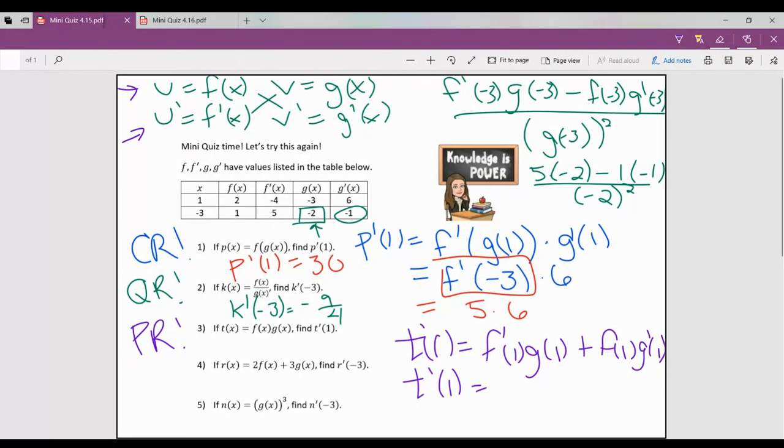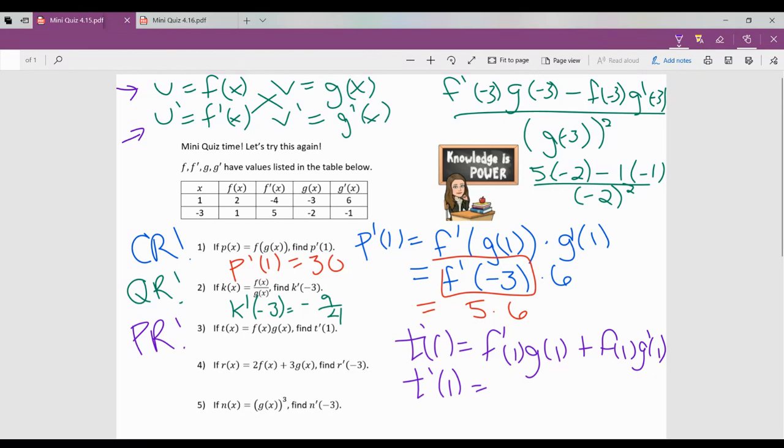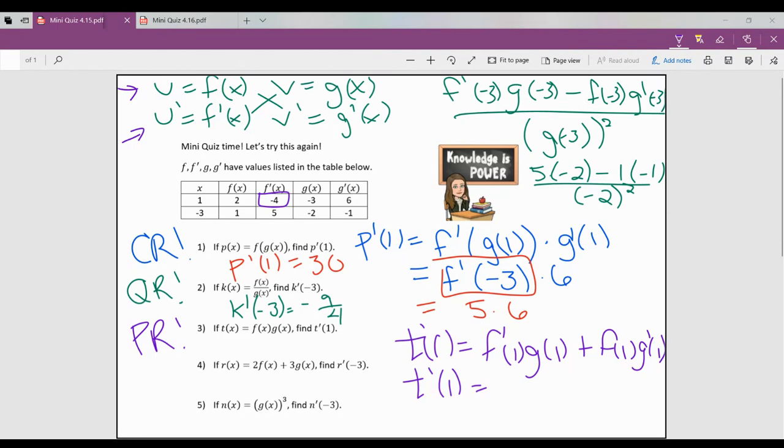Nice and neat. Okay, f prime of 1 is -4 times g of 1, which is -3, plus f of 1, 2, times g prime of 1, 6. So we've got 12 plus 12. T prime of 1 equals 24.